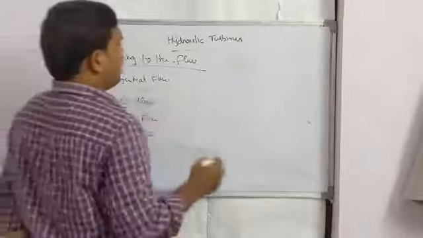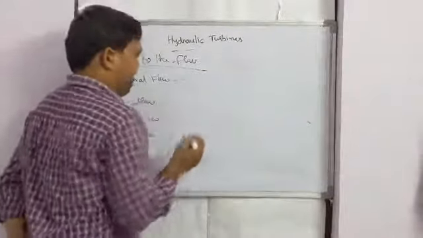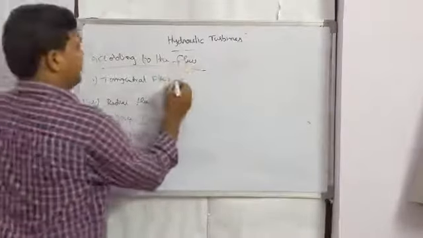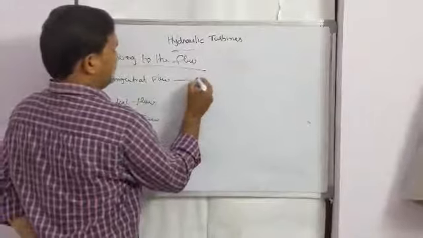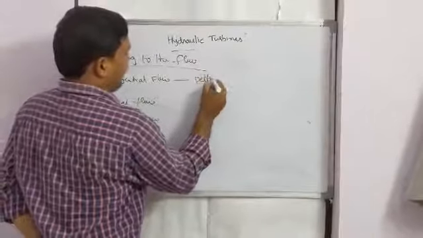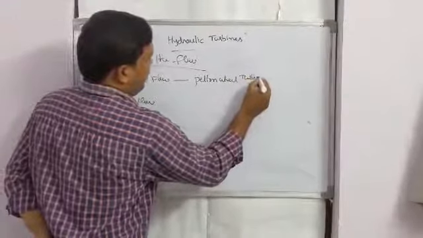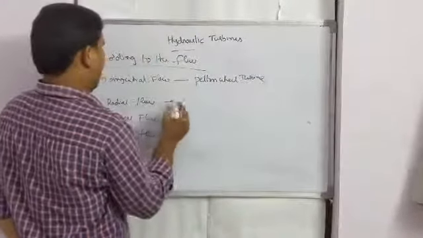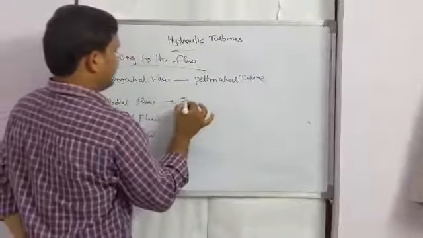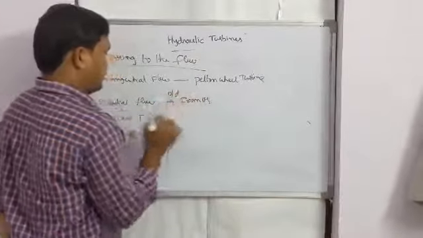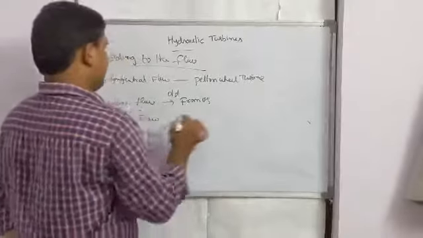In tangential flow, the example is the Pelton wheel turbine. I am writing the examples. For radial flow, the old Francis turbine, not the new Francis.